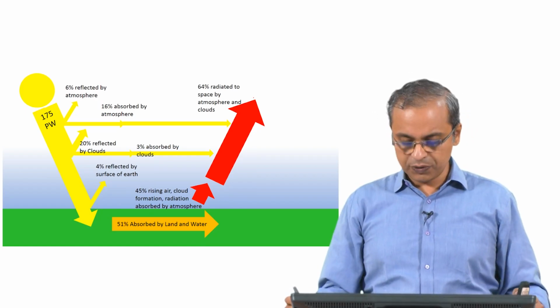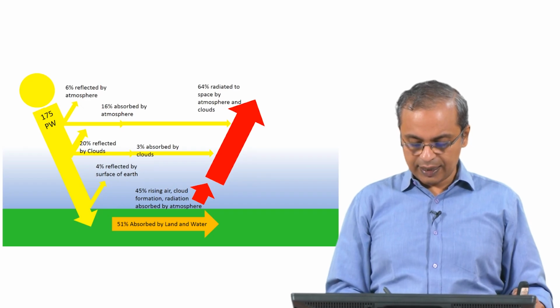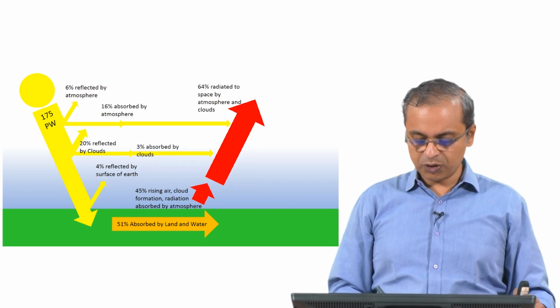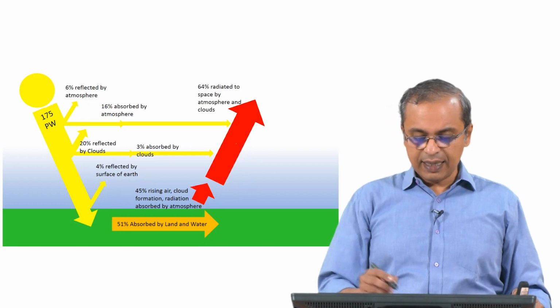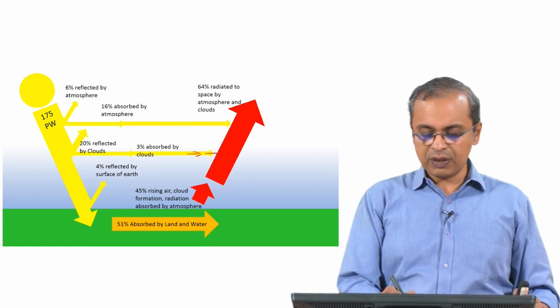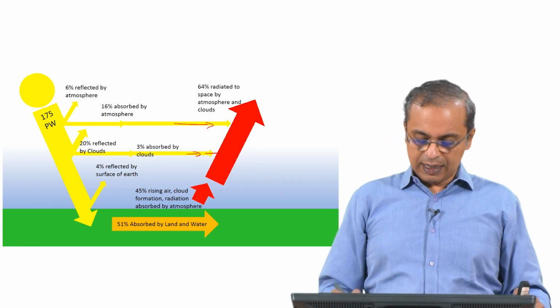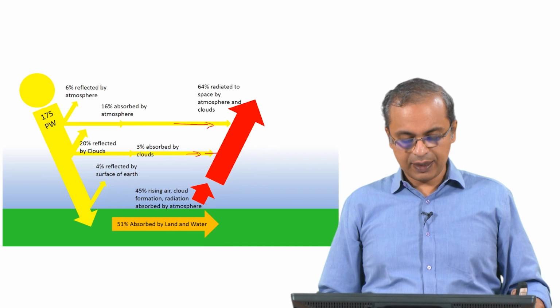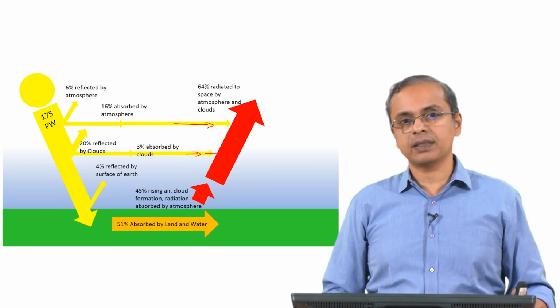So, what are all of those things? You had 45%, which is rising air, cloud formation, radiation absorbed by atmosphere, etc. They all contribute to this energy, and then whatever got absorbed by the clouds also arrives here, and whatever got absorbed by the rest of the atmosphere also arrives here. So, you have 45 plus 3, 48%, and then another 16%.